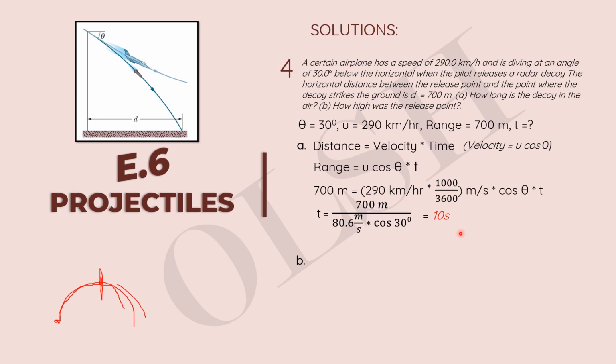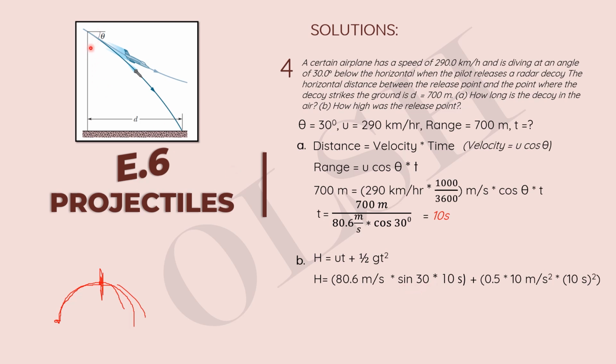So we can use the formula h equals ut plus half gt squared, where u, the initial velocity, is 80.6. Remember, we got this 80.6 when we converted kilometers per hour to meters per second. So we have 80.6 meters per second times sine 30.